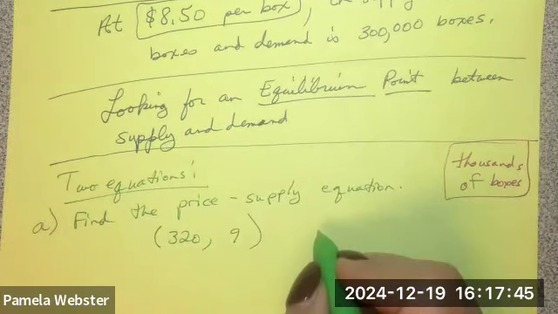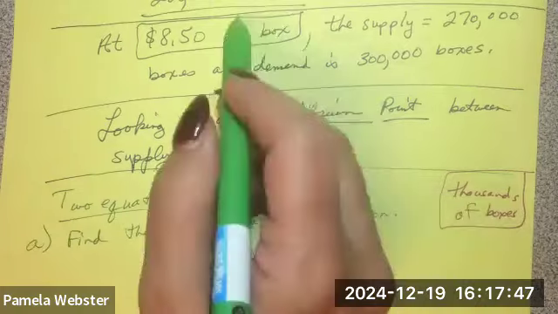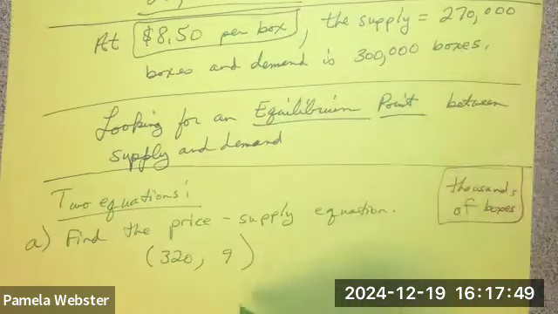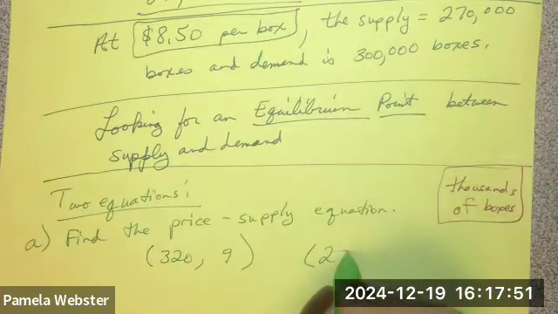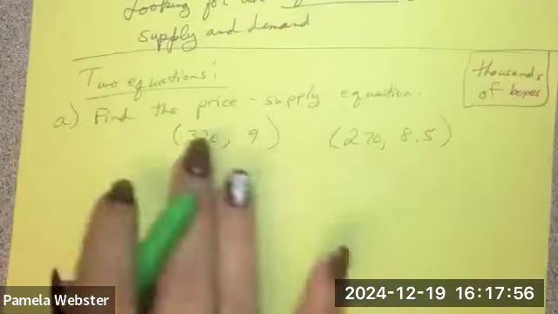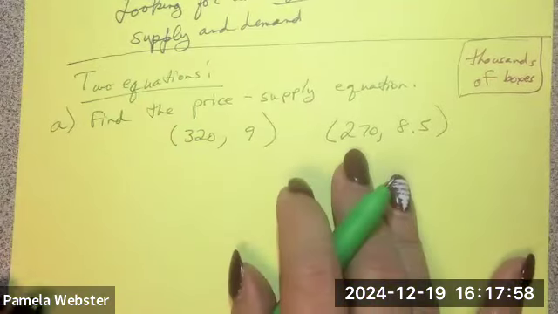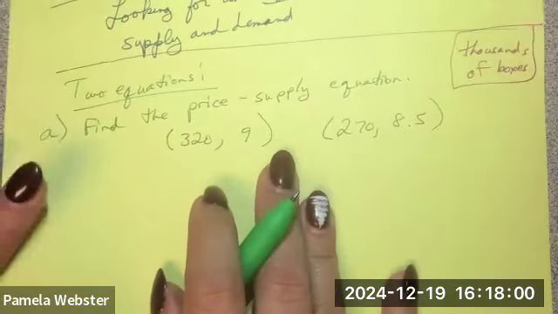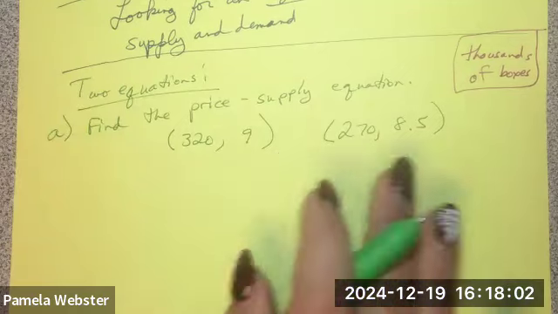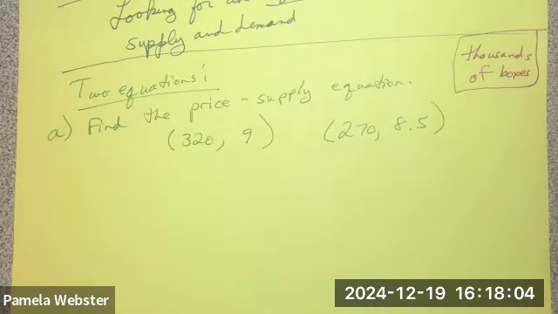The other thing I know is when it was $8.50 per box, we had 270,000. That's why I don't want to write 320,000, 270,000. I'm just writing the number and we'll know we're talking thousands of boxes. So this gives me 2 points, and if I have 2 points, I ought to be able to make an equation.